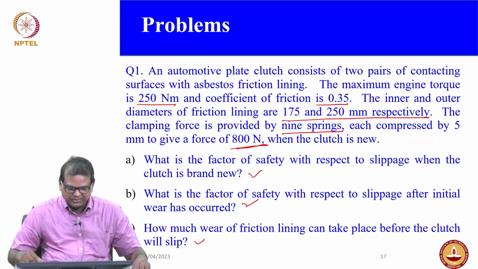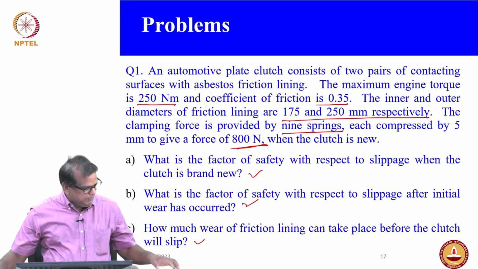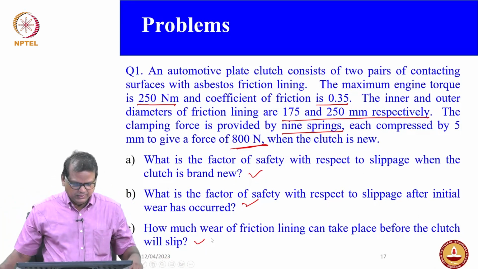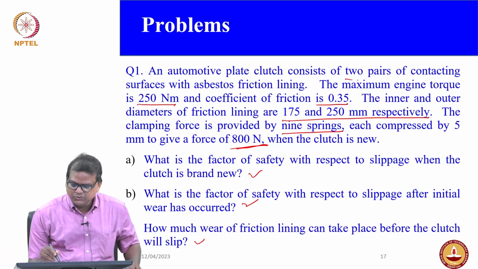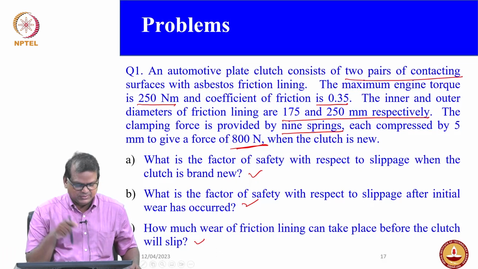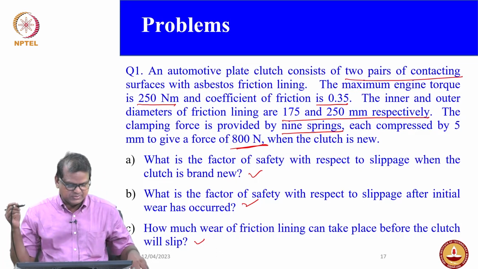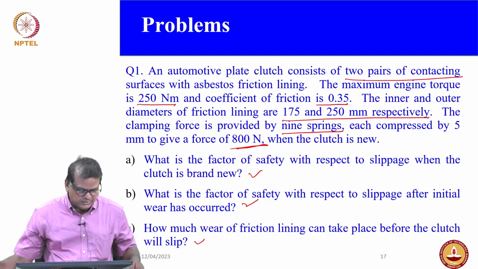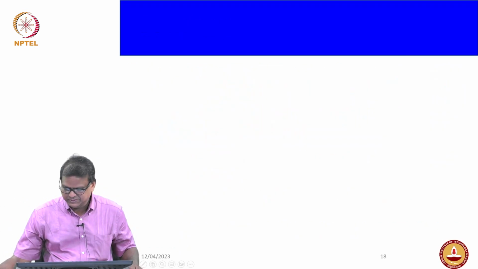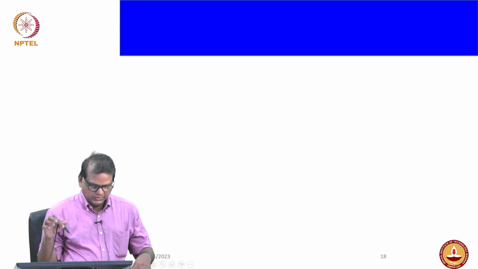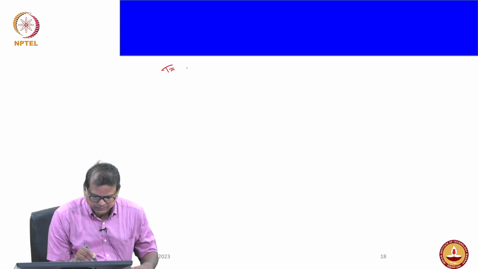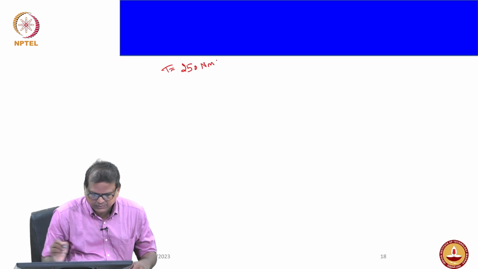Now, we will solve the problem. Remember, it is two pairs of contact surfaces, not one, which gives 250 Newton meter. So, torque is given: 250 Newton meter.